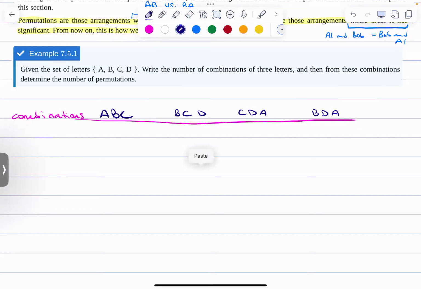So now we're going to list the permutations. How many permutations of A, B, C? Of these 3 things fitting into 3 slots, I have 3 times 2 times 1 permutations.